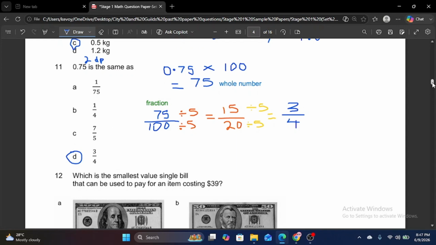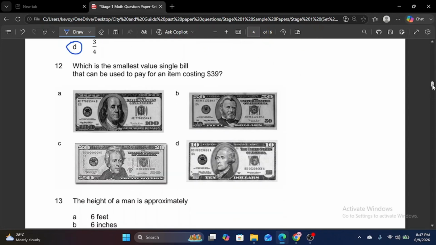Alright, moving right along. I'm at number 12. Which is the smallest value single bill that can be used to pay for an item costing $39? So I want to pay for an item costing $39, right? What is the smallest value single bill that I can use to pay for that item?